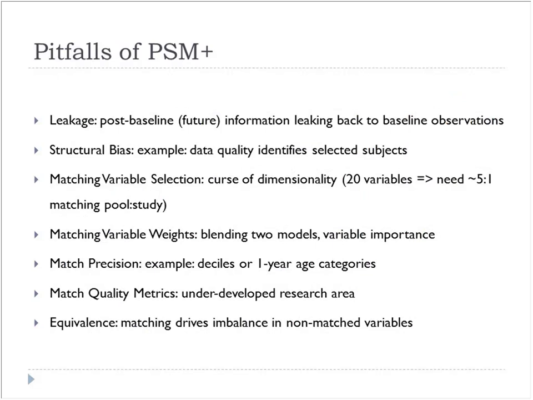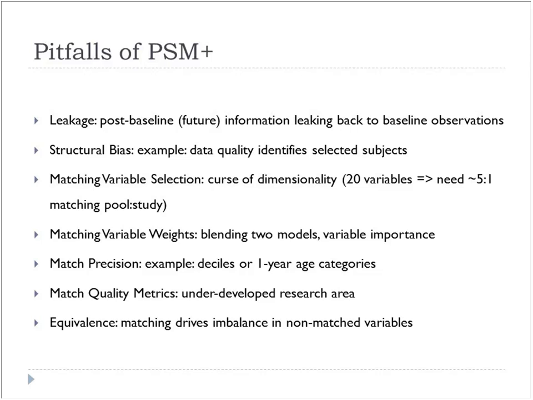But here are some really specific pitfalls that we ran into in these studies. Call it leakage, future information coming back into the baseline observations, and there are various ways to detect that. Most important is to use a validation sample and always hold out and check everything.